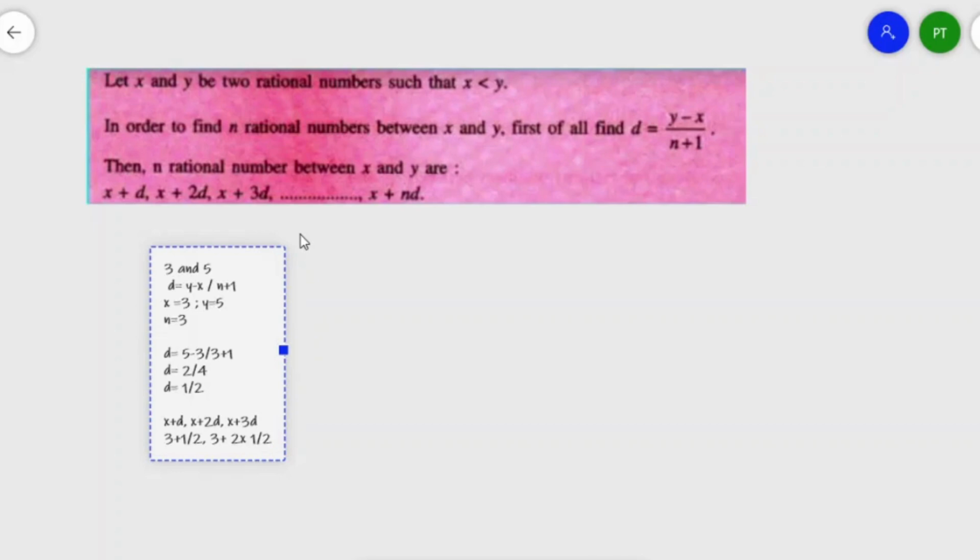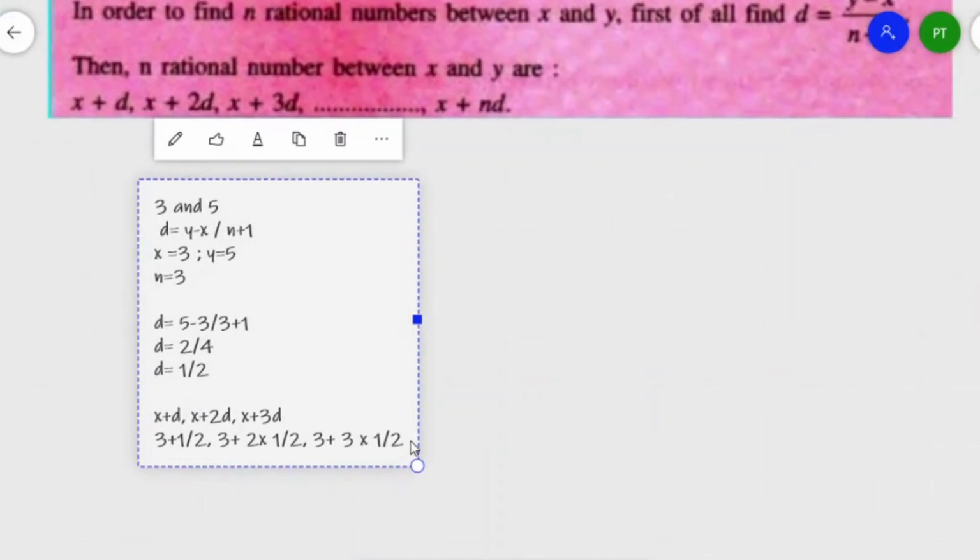Because x plus 2d, that's why x is 3 and 2d means 2 times 1 by 2. Next, 3 plus 3 times 1 by 2, because it's x plus 3d. Okay, this is the equation.